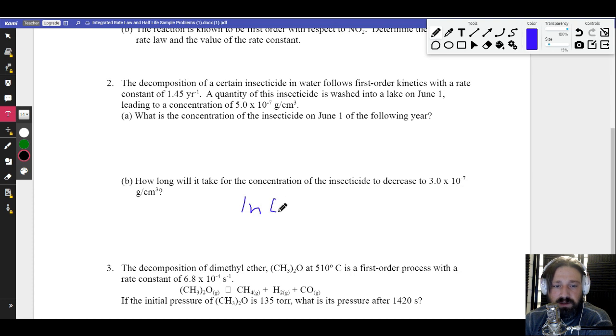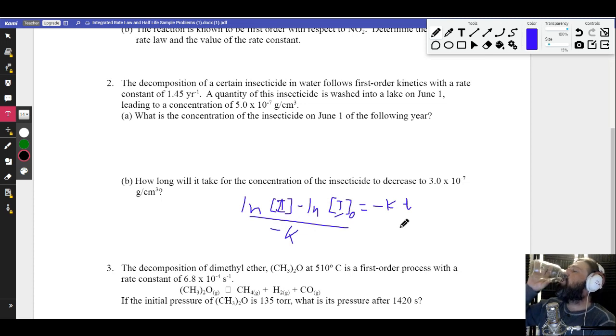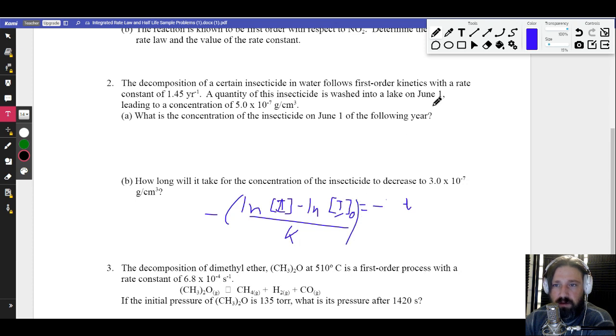So natural log of the concentration of the insecticide at a given time minus the natural log of the initial equals negative kt. And we're looking for time. So divide this by negative k. No, not divide by negative k. Divide by k, negative on the entire thing. Should get us time.